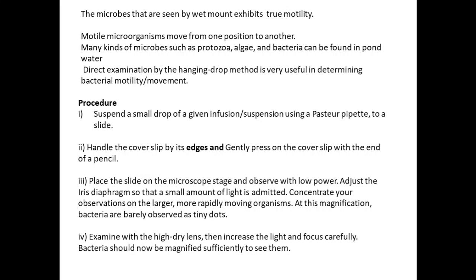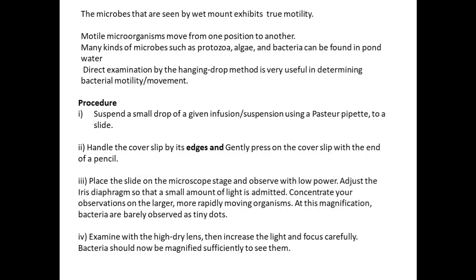So when we talk about this hanging drop method, which is mainly used for observing bacterial motility, the procedure is like this. We suspend a small drop of the given suspension on the slide using a Pasteur pipette. Then we place petroleum jelly on the side edges of the cover slip and gently press the cover slip onto the drop of culture.